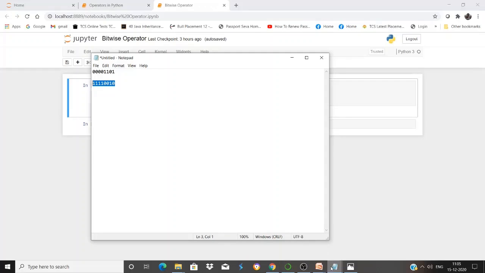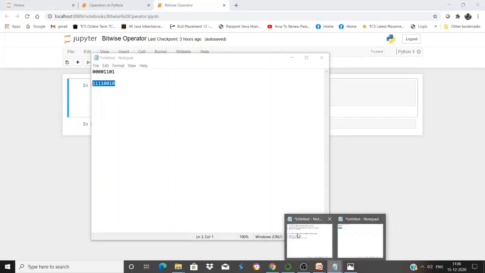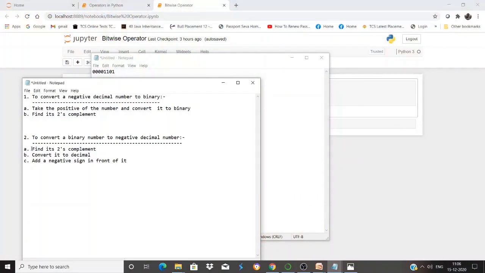Now, what was the rule of converting the binary to a negative decimal number? You have to find the 2's complement of the binary, then convert it to a decimal and add a negative sign in front of it. How do we find 2's complement? 2's complement is nothing but 1's complement plus 1.